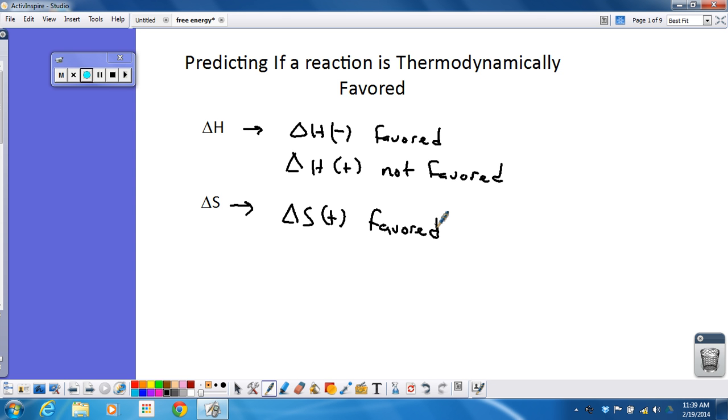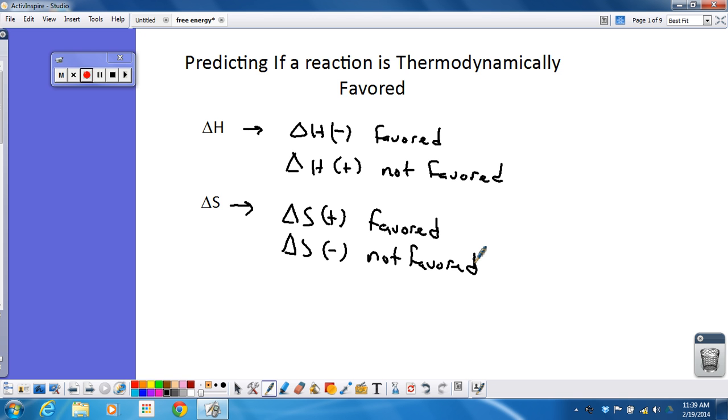So in general, positive delta S means the reaction is favored. Negative delta S means the reaction is not favored. Again, in general, that's true. However, there are cases where that is not true, because both terms need to be considered to determine whether a reaction is actually favored or not.